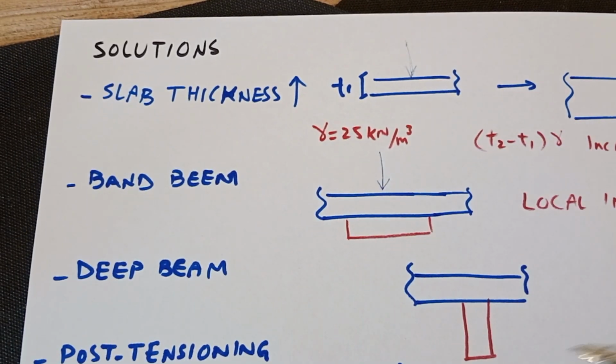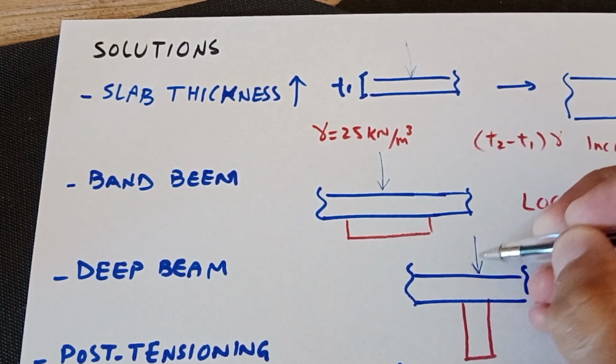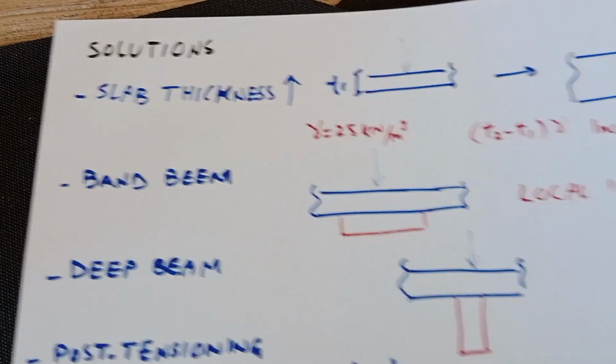The other solution is adding a deep beam under the transfer load. This is a very good solution because it adds huge capacity for bending and stiffness for the slab against big applied loads. But the main restraint for this one is architectural restraints.